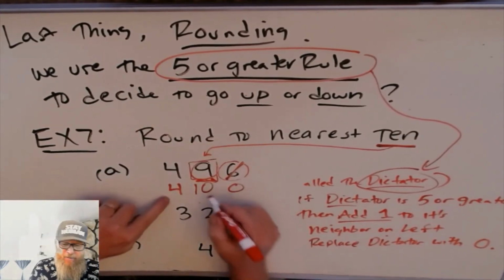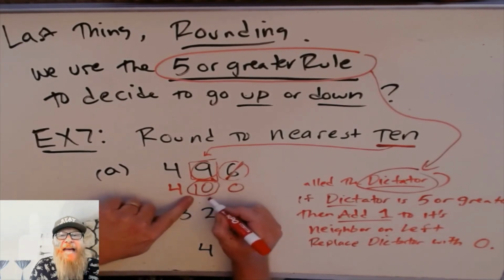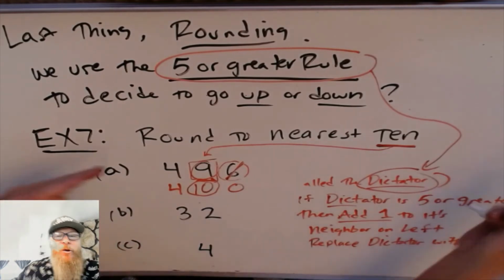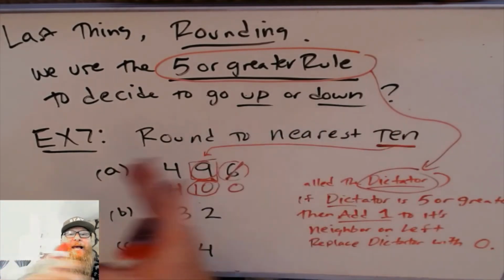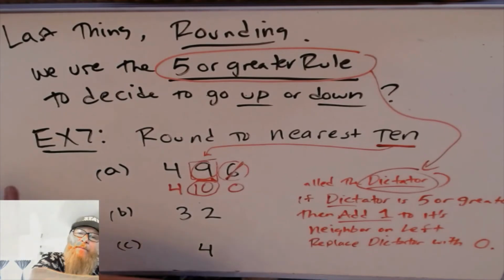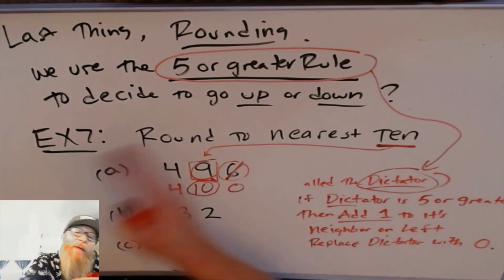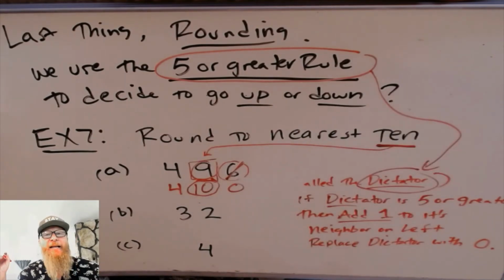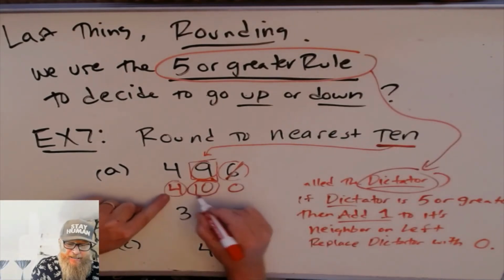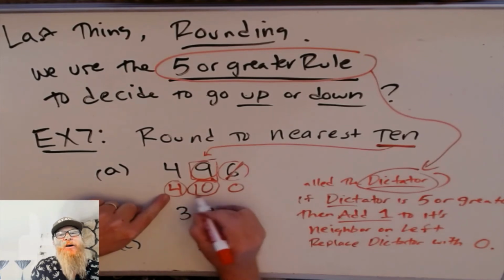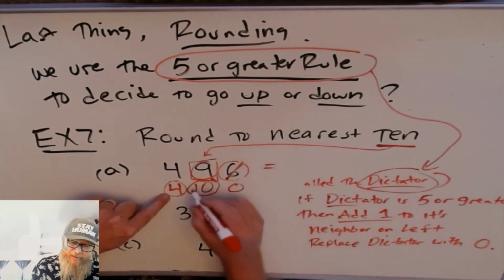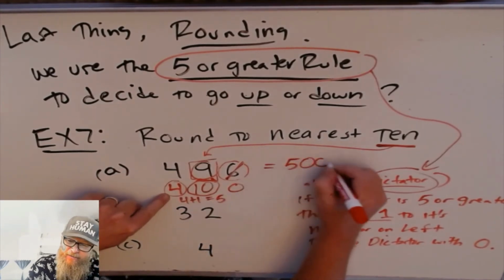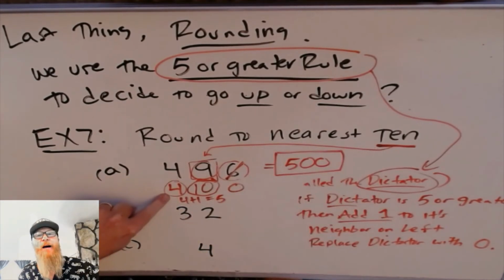Now remember, you can't have a 10 in this position. That's the way numbers work. When you get to 9, the next place value goes up by a multiple of 10, or a power of 10, depending on where you're at. We're in the tens place, so it's just adding 10. So this really means 500. It's 4 plus 1, which is 5. And so the answer is 500.